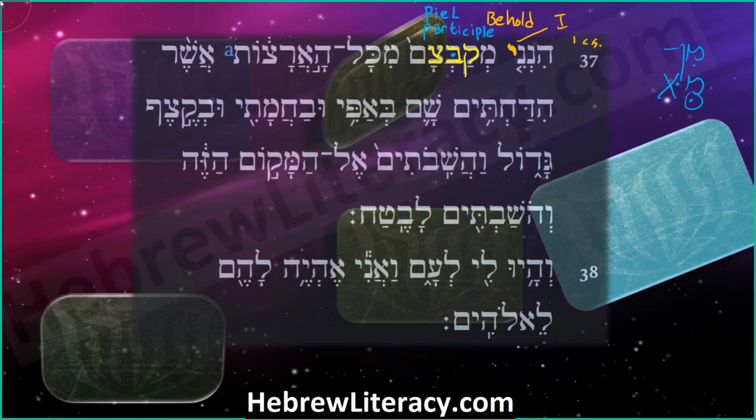We have that strengthening of the second radical. Most Hebrew verbs have three letters. Sometimes they disappear, but when the second one is doubled, that is an indication of the PL binyan, if there are no prefixes. And the mem is characteristic of a participle for a PL verb. Hifil has the mem, pual has the mem, etc. So that's an indicator it's a participle.